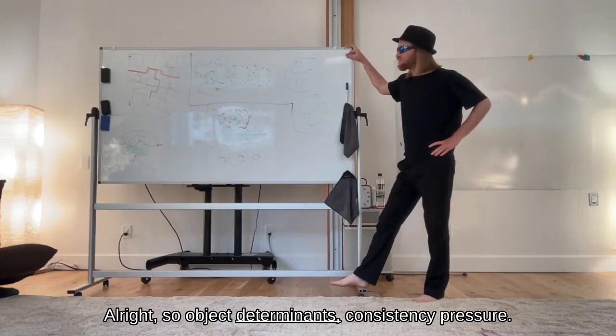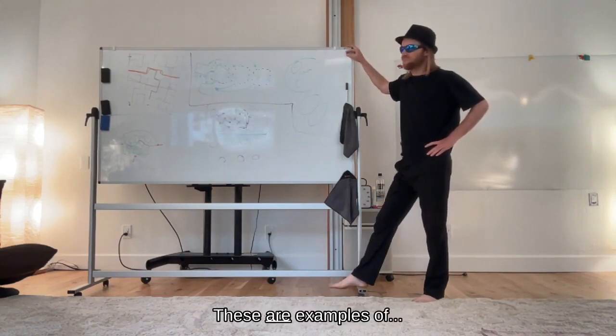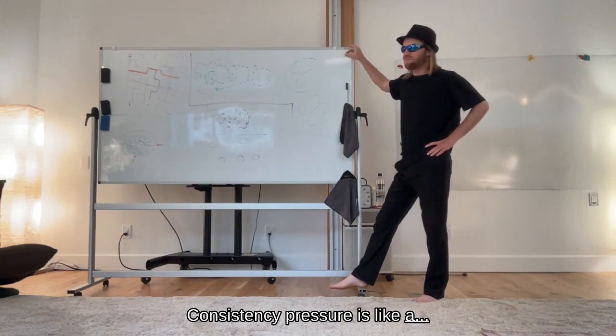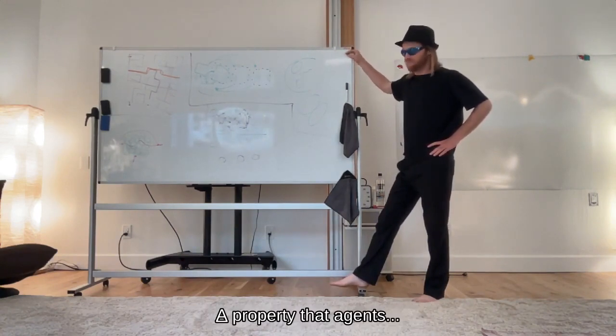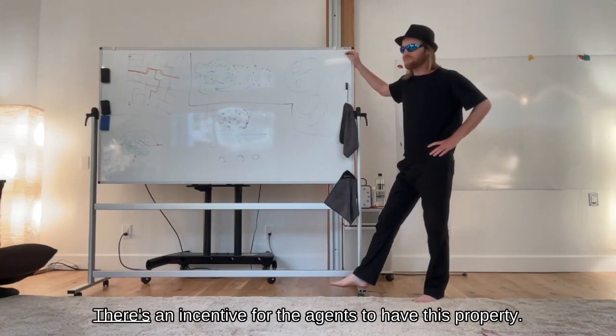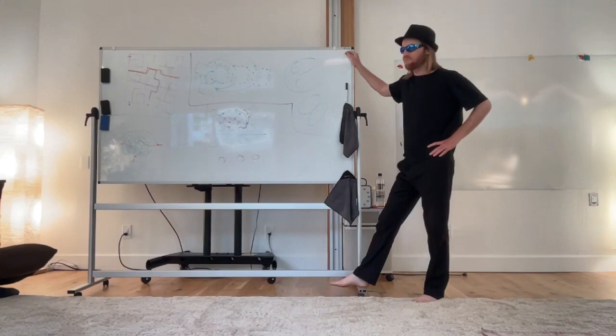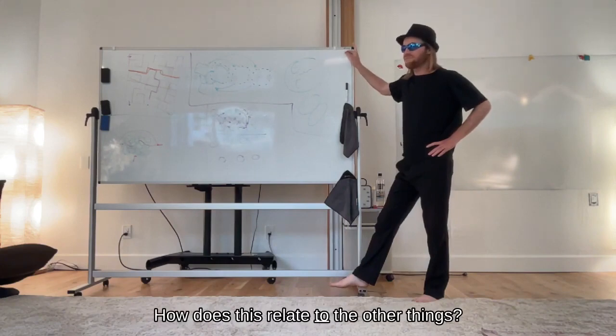Alright, so object permanence, consistency pressure, these are examples of pressure on an agent. A property that there's an incentive for agents to have. Yep. How does this relate to the other things?